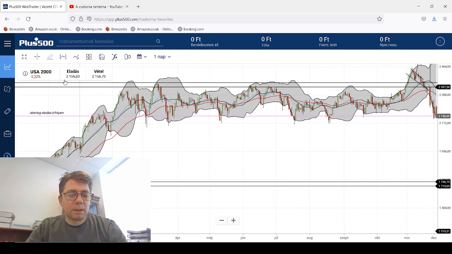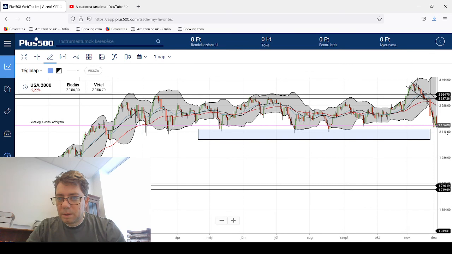As you can see here, we have these candle wicks down there, and let me just start here, for example, and I'm trying to do it like this.